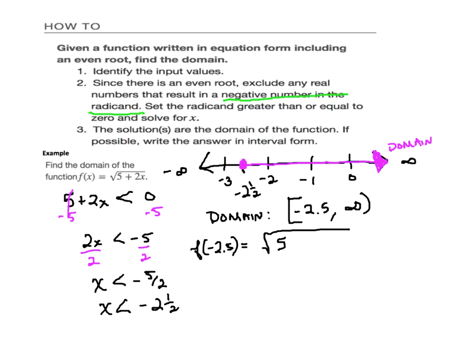That is legal, 0 is a real number. So 5 plus 2 times -2.5, that's -5. So this is the square root of 5 plus -5, which is the square root of 0, which is just 0. Now watch what happens if I plug in -3.